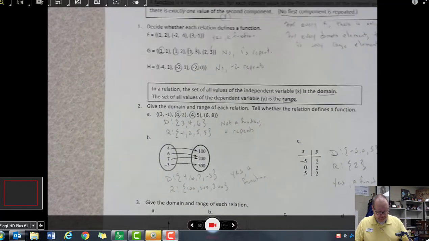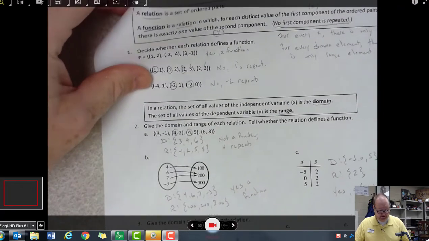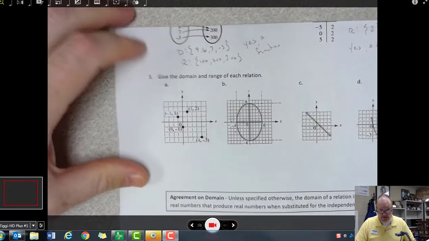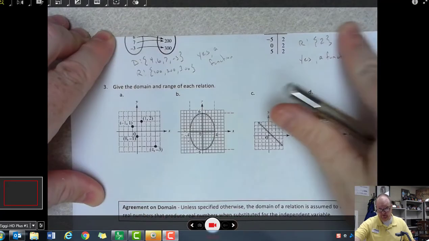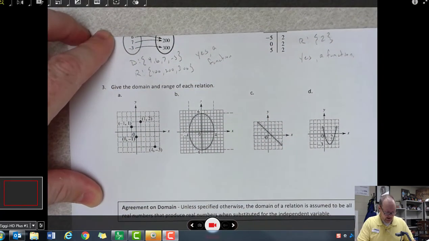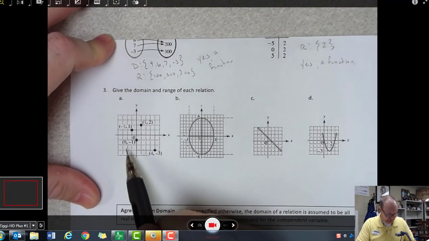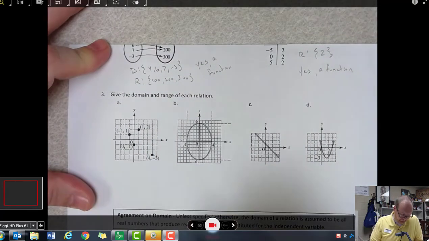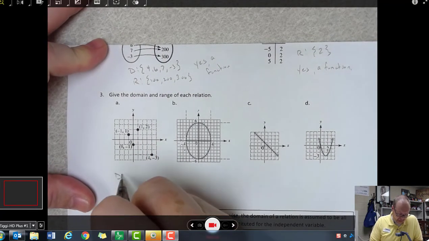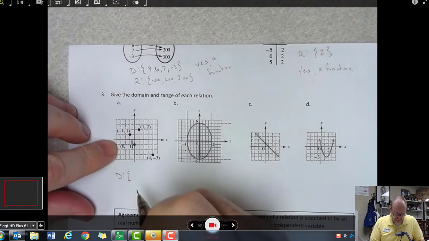So using the same idea, and this is where we really begin to think about domain and range in number 3. So let me see if I can describe the domain here for number 3. I've got just 4 points here. So again, the domain is the set of x values. Let me list those x values, and it's nice to have them in order.